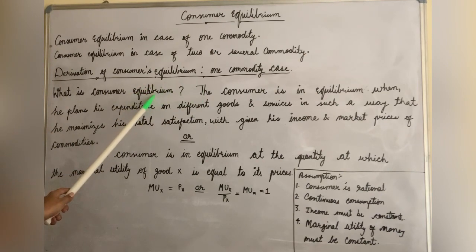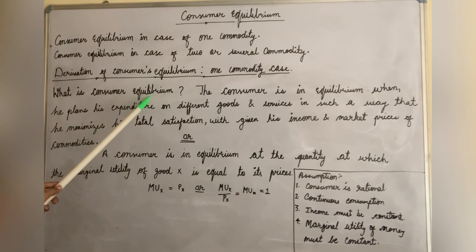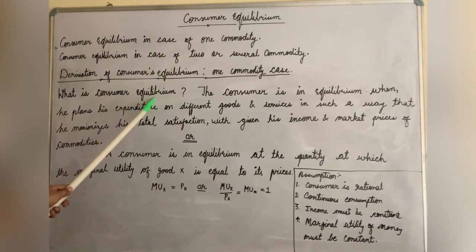Equilibrium is a situation or position at which the consumer doesn't want to move here and there, because at this point the consumer gets maximum satisfaction with which he plans his expenditure on a commodity. So equilibrium is just a position where the consumer doesn't want to move, because at that point he is getting maximum satisfaction.